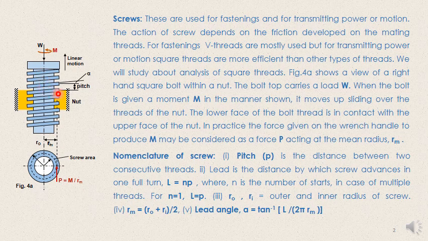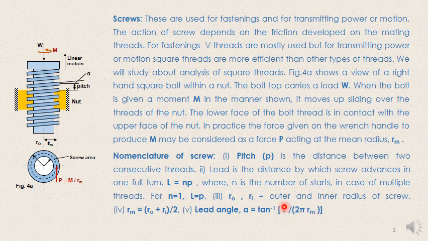Another thing I forgot to tell you: this particular angle, you can see the inclination of this angle, is defined by alpha, and this alpha is called the lead angle, and it is given as tan inverse of L divided by 2 pi Rm.